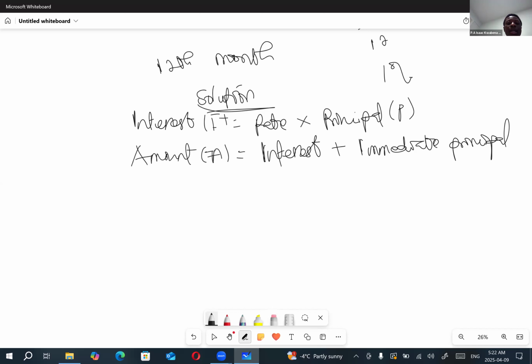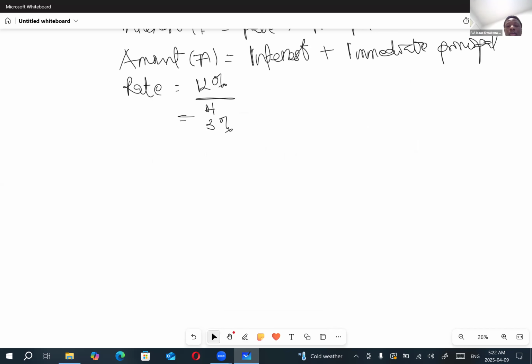So the rate will be equal to 12 percent over 4, since it's a quarter. So let's tell the examiner we'll be using 3%. All the time, show how you arrive at the rate.